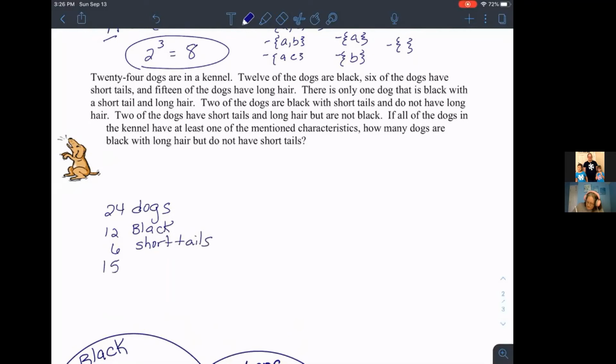15 dogs have long hair. Then we have some other special circumstances. It says 2 of the dogs are black, short-tailed, and do not have long hair.